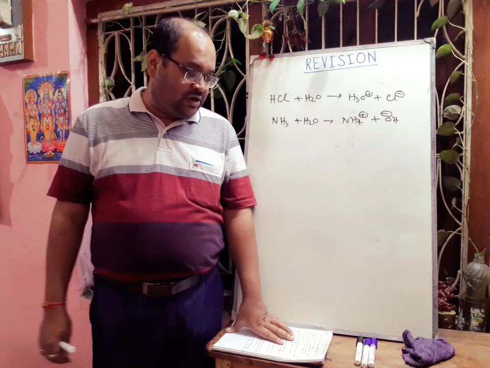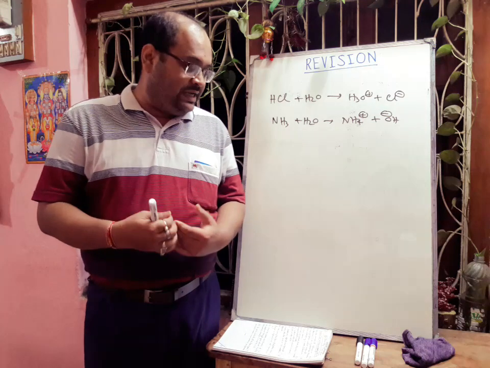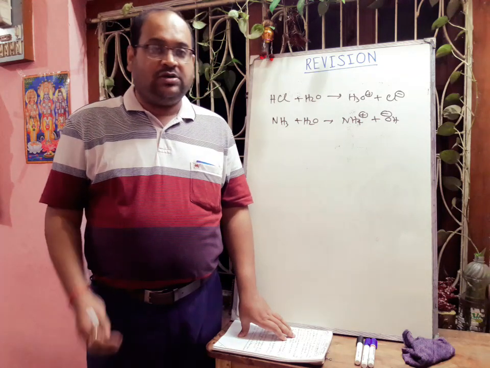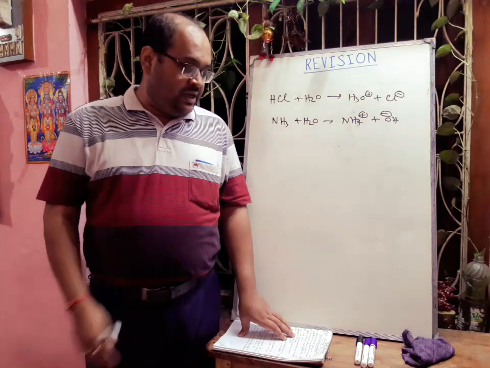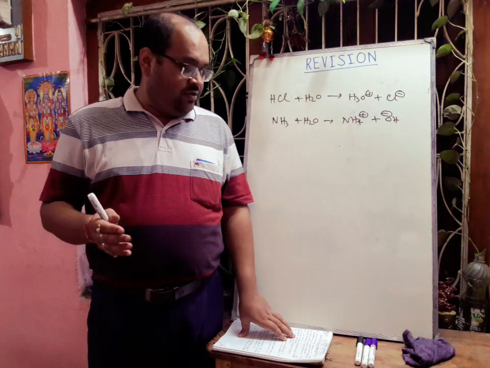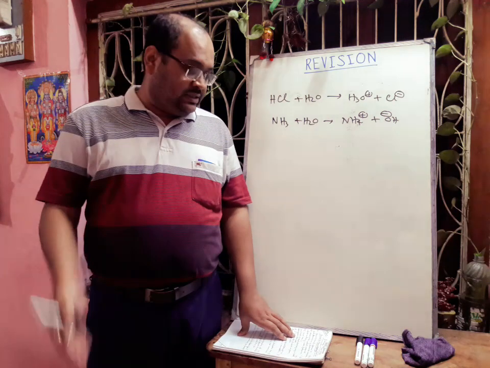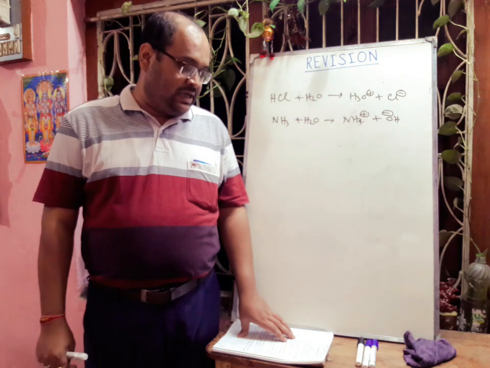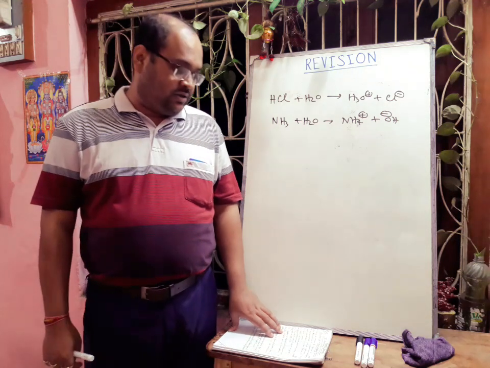So in the solid state ions are not free, but in aqueous solution or in molten or fused states, that attraction force decreases because of the solvation energy of water, which will dissociate it in the case of aqueous solution, and in the fused state, heat energy will decrease the attraction between the ions. Then these Na plus and Cl minus ions are free and they can easily move and carry current. That is why NaCl will conduct electricity in molten state or in aqueous solution.